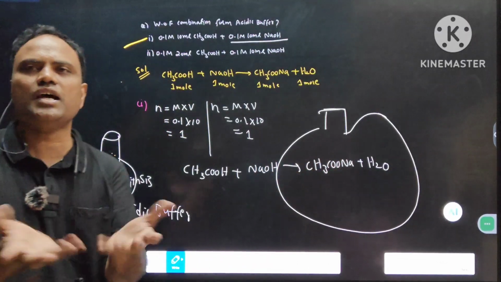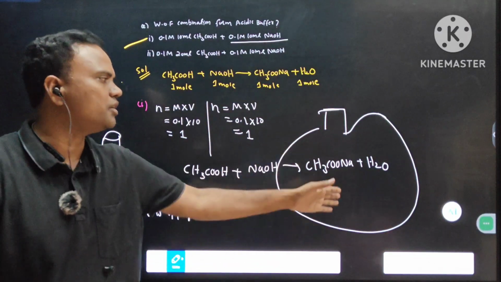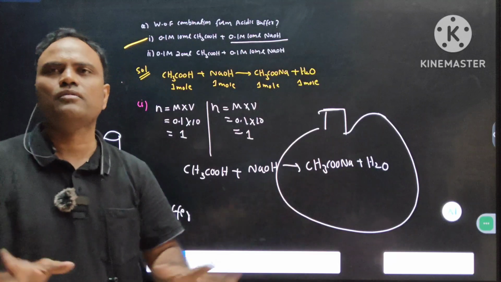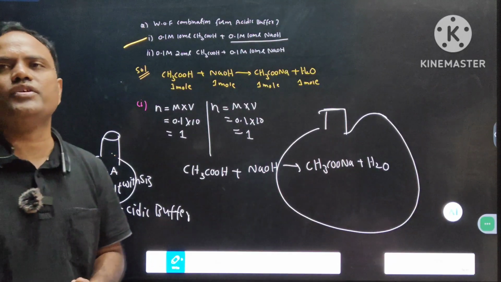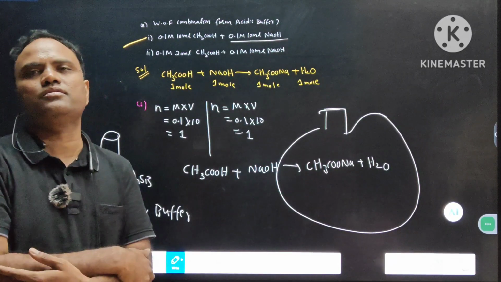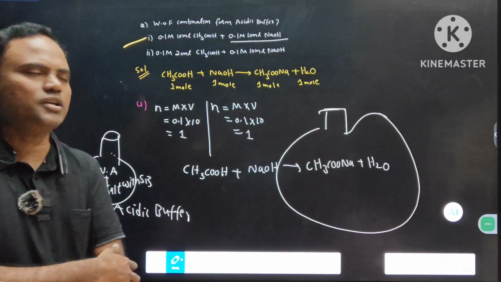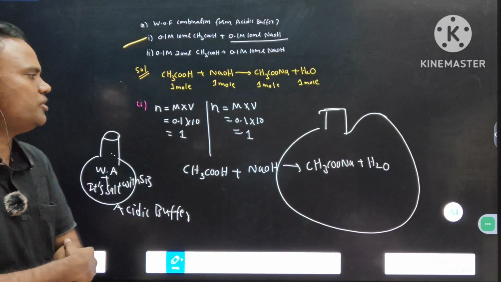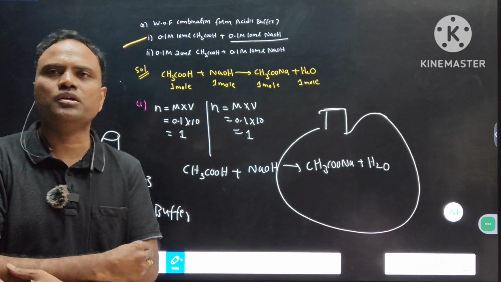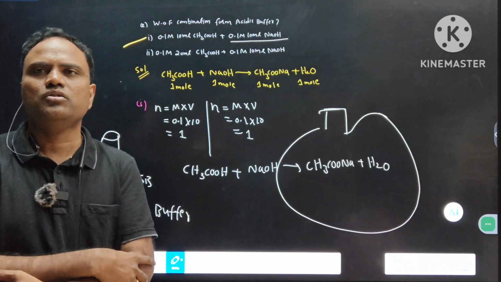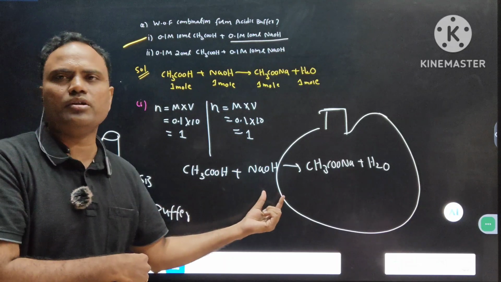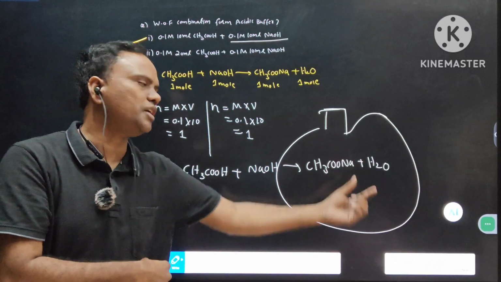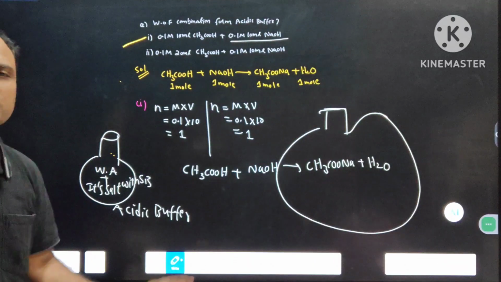Where is the weak acid? Weak acid is not present. But according to the definition of acidic buffer, weak acid should be present. Clear? Got it, online students? Why is the first combination not forming an acidic buffer? Because 1 mole is consumed by 1 mole to form 1 mole of salt and 1 mole of water. Weak acid is not remaining.